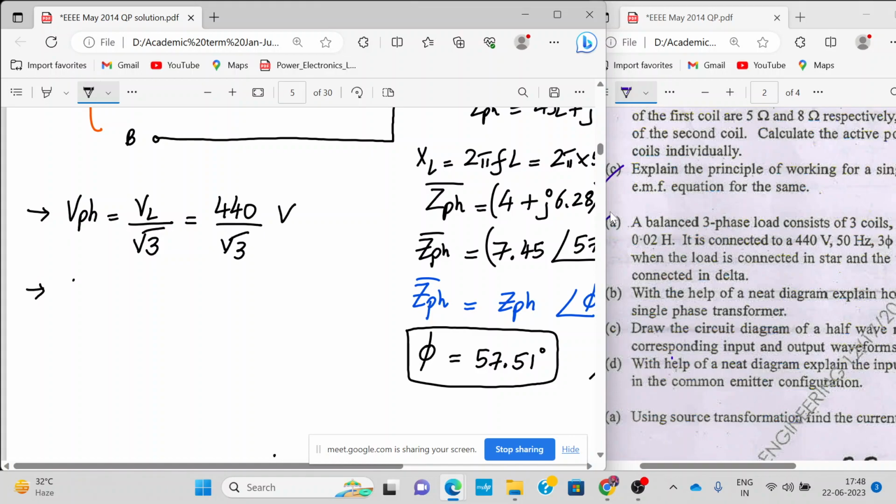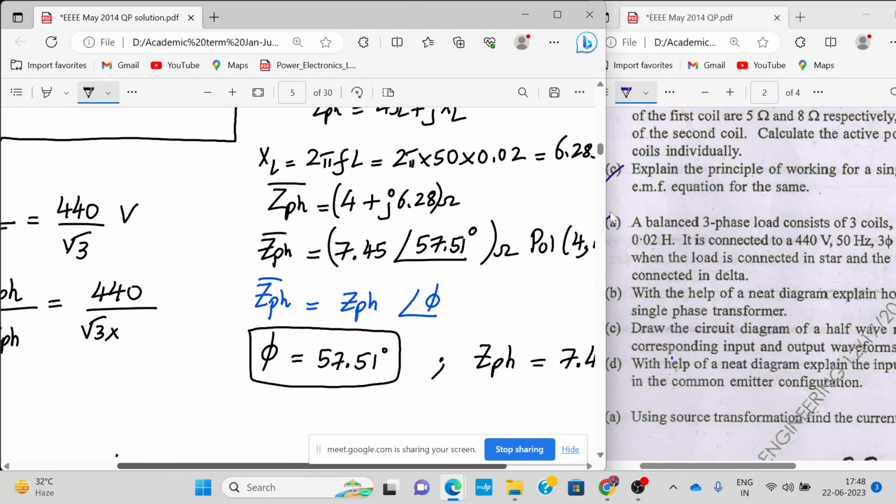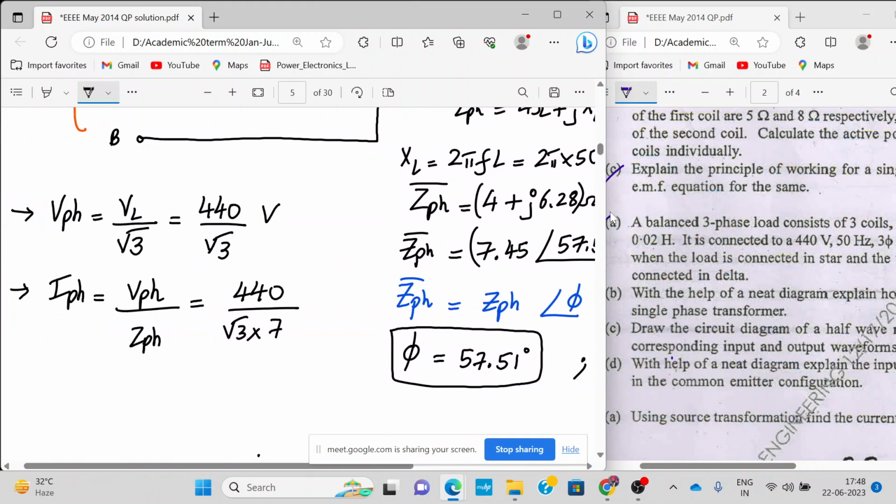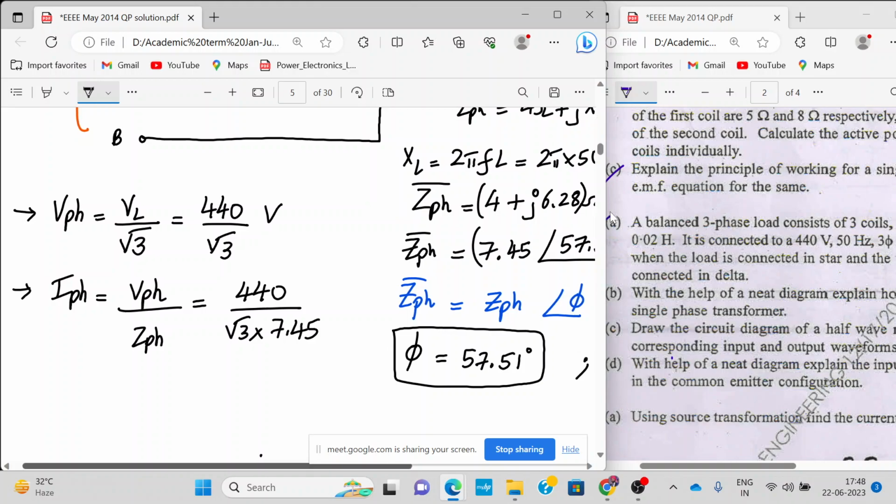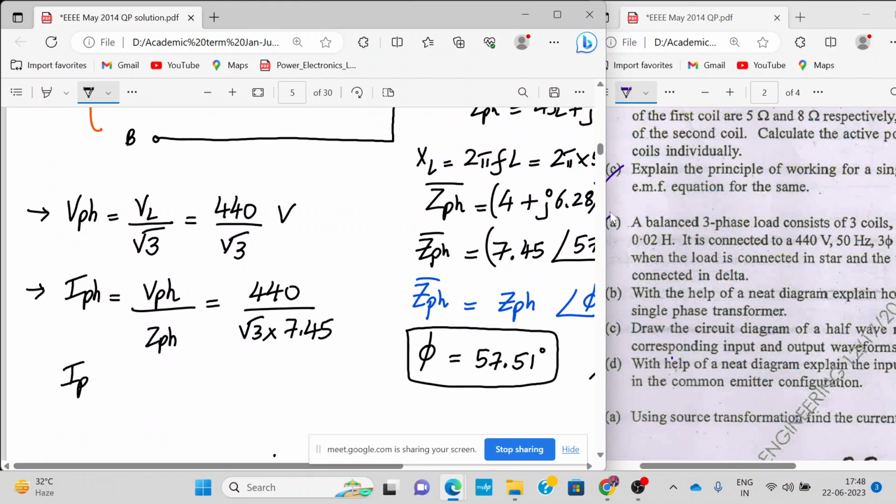Okay. What is I phase? It's V phase divided by Z phase. V phase is 440 divided by root 3. How much is Z phase? 7.45. So if you put it in the calculator, you will get I phase as how much? 34.1 amperes.